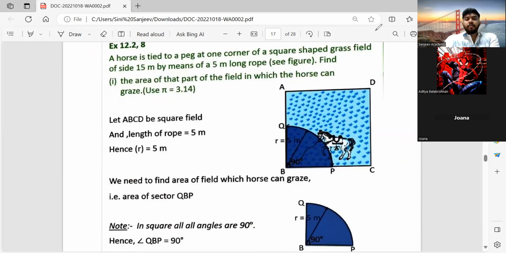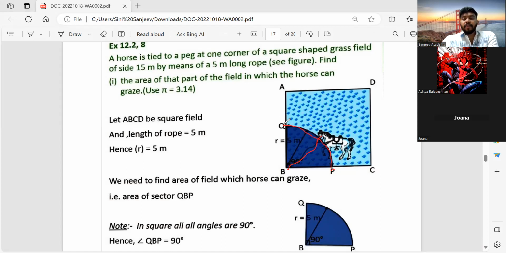So this question looks very complex, but nothing to worry. This is one of the easiest questions in this whole exercise. A hose is tied to a peg at one corner of a square-shaped grass field. So what they're asking is the area the hose can cover. Obviously, if it is tied, it will be able to go only through this much part, correct?